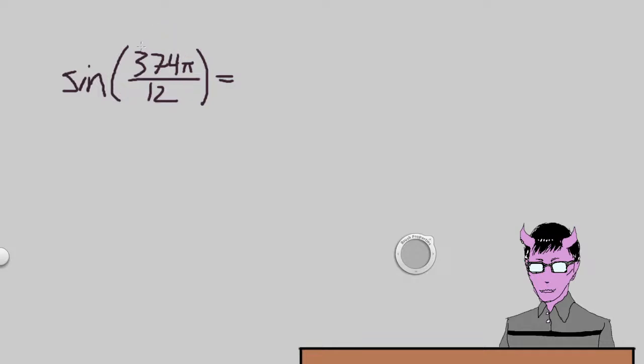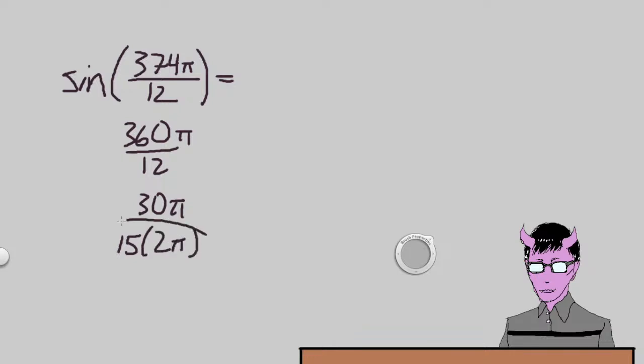At this point, you can probably consult a calculator, but let's say you don't have a calculator. The easiest number I could see that's divisible by 12 is 360. Because 360 divided by 12, what is that going to give us, 30? So basically, that one means that we're doing 15 extra full circle spins. So that's being super, super extra.